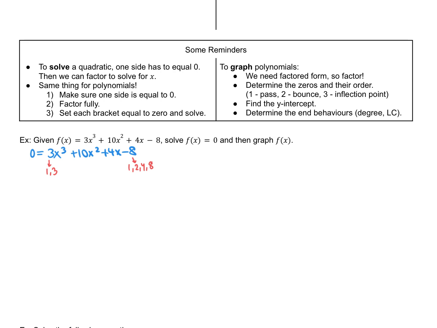So I can use any number that is these factors divided by these. So I'll start with 1 and -1 and see if that works out. And it doesn't. So then I might try 2 and -2, 4 and -4, 8 and -8, and then all of these divided by 3.